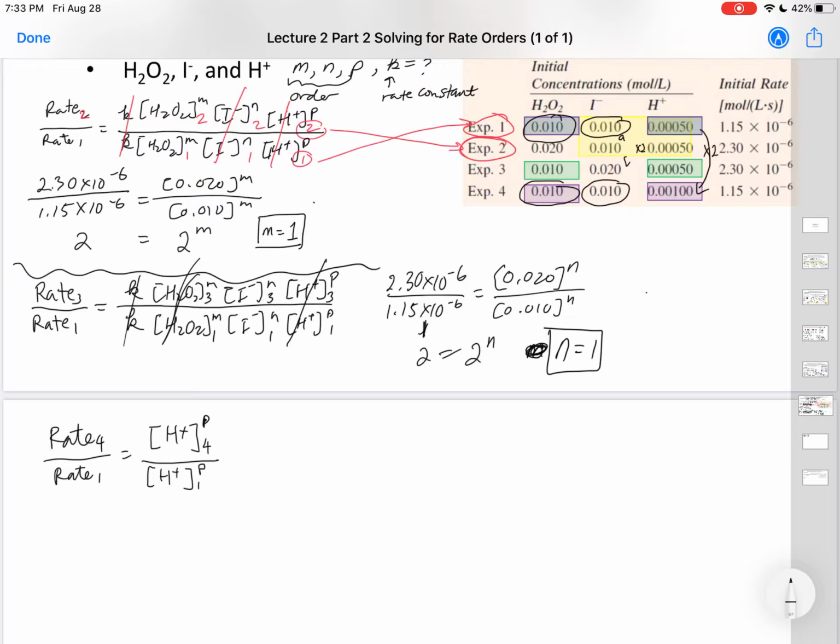So again, experiment number 4's rate is 1.15 times 10 to the minus 6 from our data table. And experiment number 1 is still the same. Okay? But notice we've doubled the H plus concentration again.